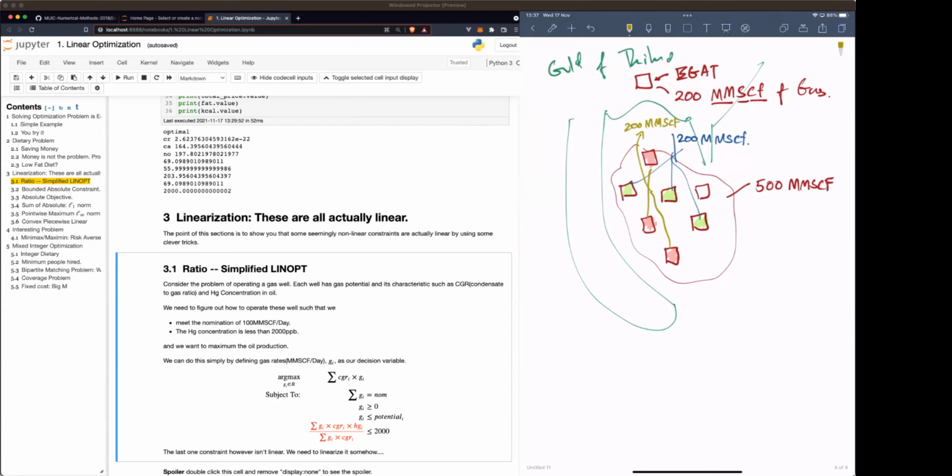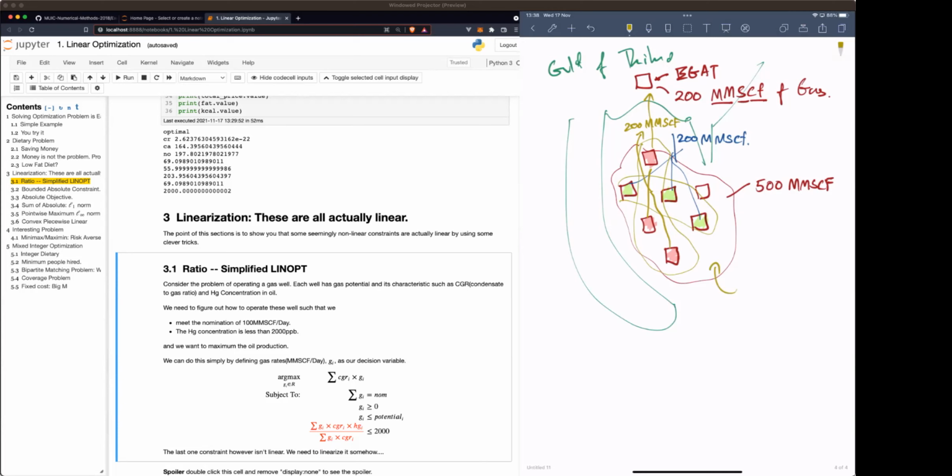So now it's the choice. Let's say you are the gas field operator. Which one do you want to open to send the gas to EGAT, the green or the orange?